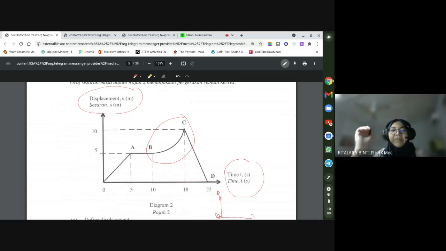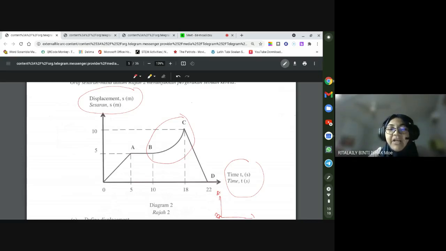So, linearly increasing. Kalau linearly increasing, dia adalah melibatkan relationship of graph. Okay. Dia tidak menerangkan motion. Kalau soalan kata, okay, what is the relationship between y-axis and x-axis? Baru kita tulis linearly increasing. Okay, velocity, increasing velocity. Okay, so this is a displacement against time graph.